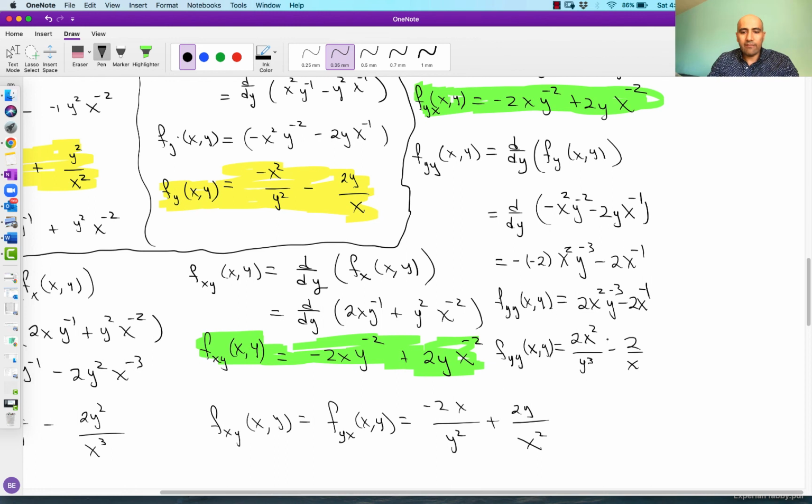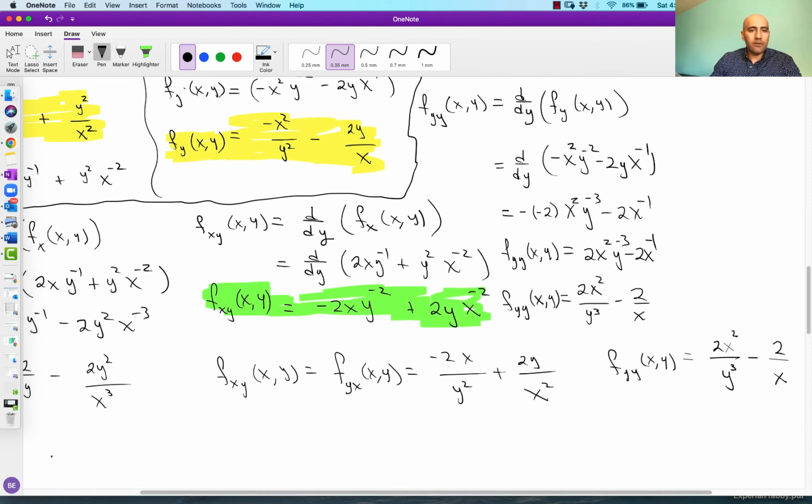And finally, we have this third one, f sub yy of x comma y is equal to 2x squared over y cubed minus 2 over x. Good. So let's box these all up.